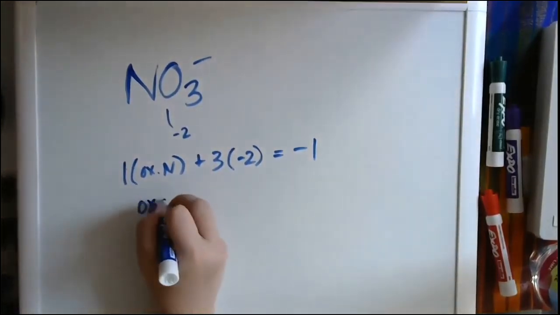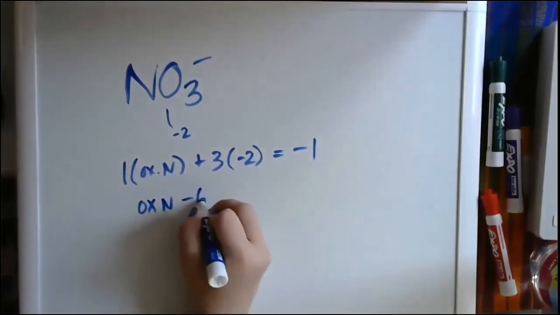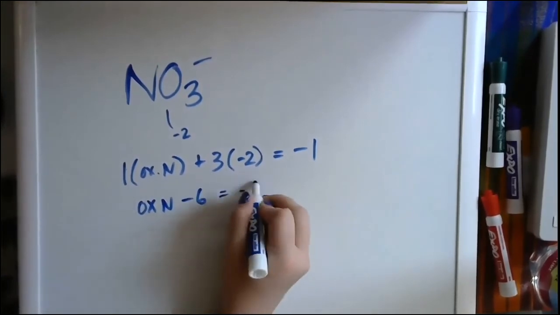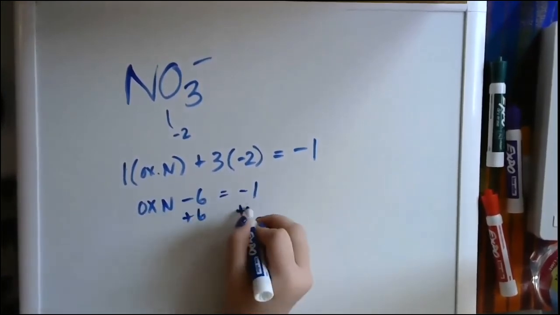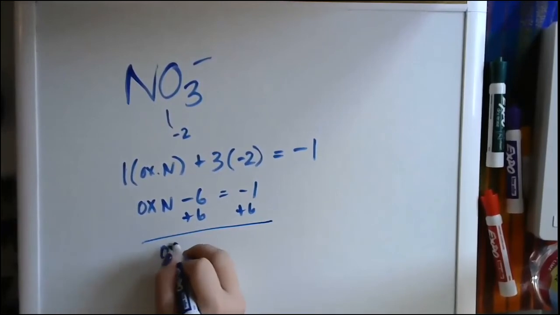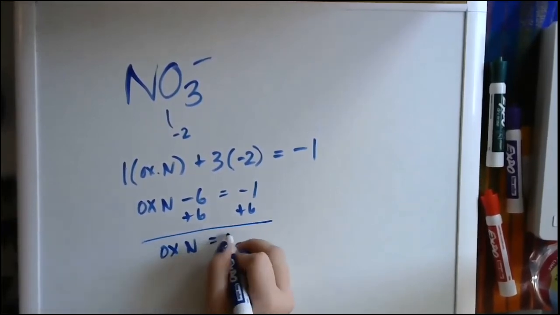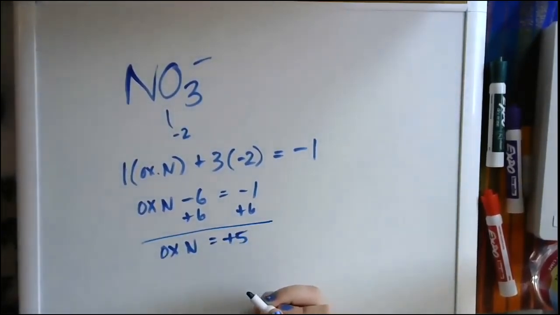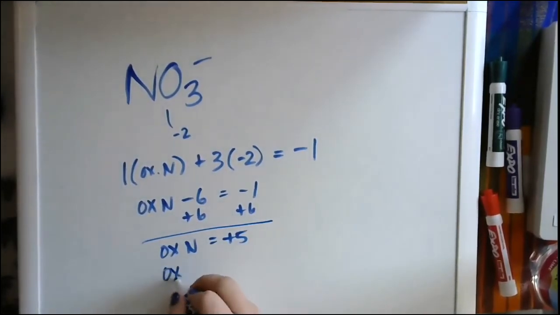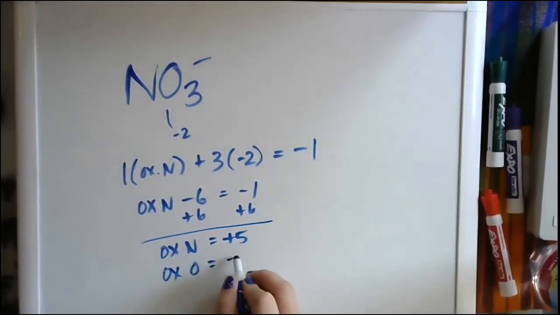So the oxidation state of nitrogen -6 will equal -1. So the oxidation state of nitrogen is going to be +5 in the nitrate ion, and the oxidation state of oxygen will be -2.